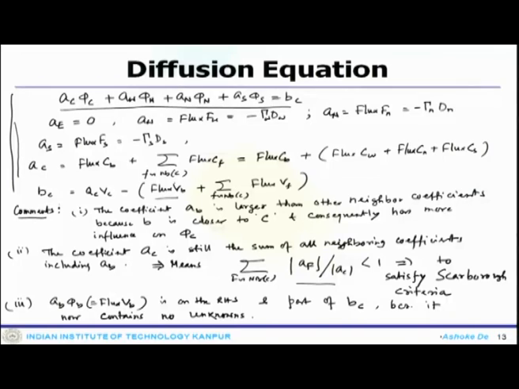So, this is how one can treat the specified boundary condition. We will look at the other boundary conditions in the subsequent lectures. Thank you.